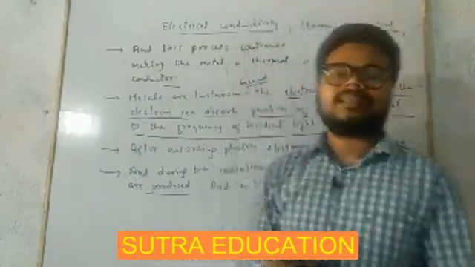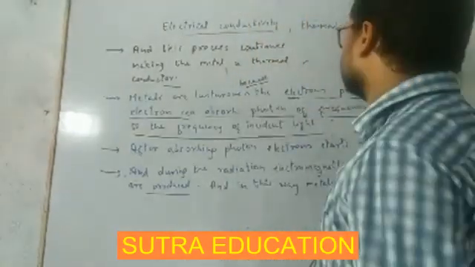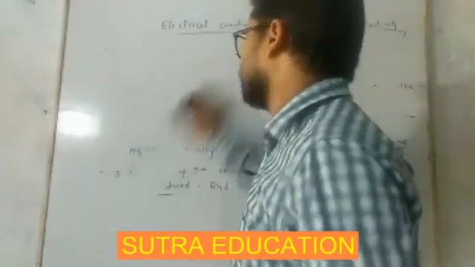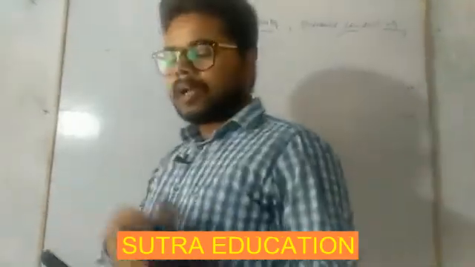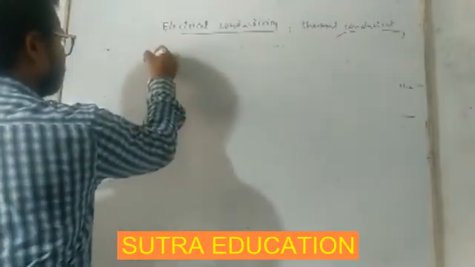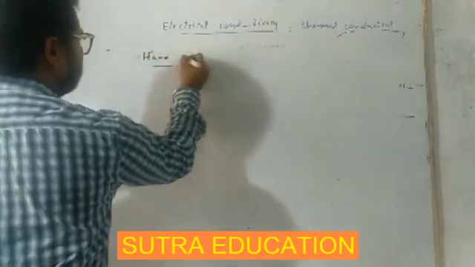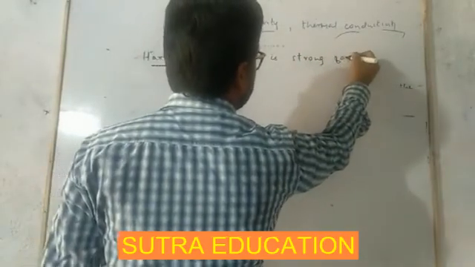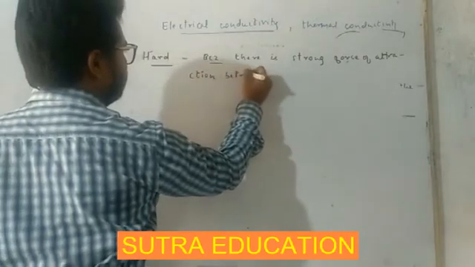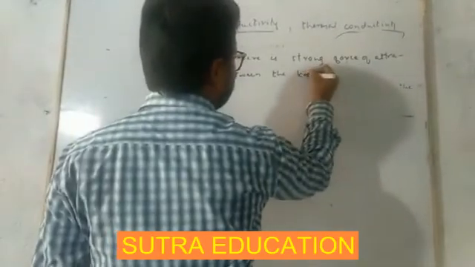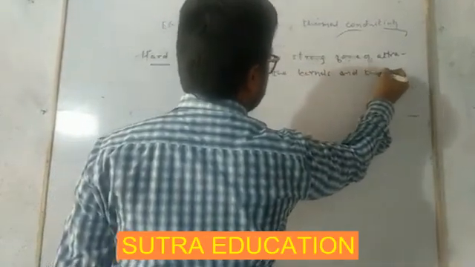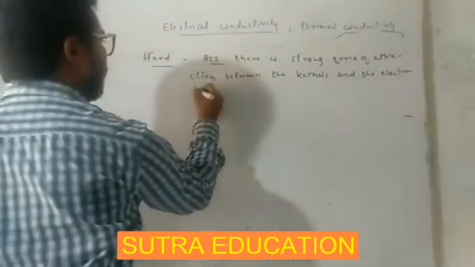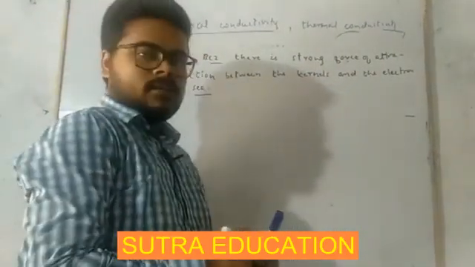Now come to why metals are hard. Metals are hard because there is a strong force of attraction between the kernels and the electron sea.